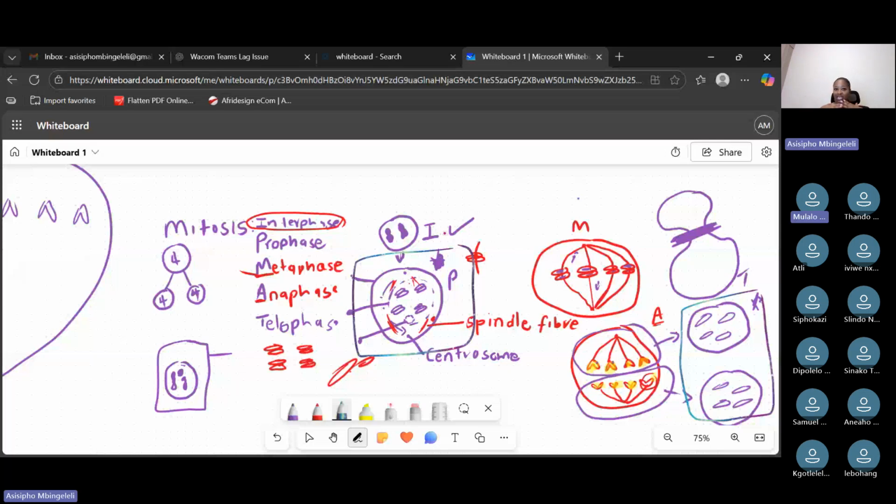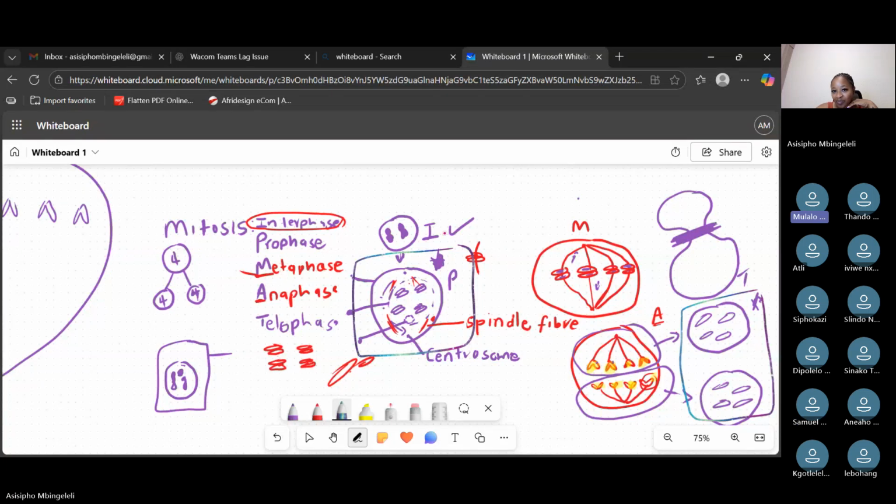Okay. As much as I'm saying it's correct, if I was marking you, I was going to penalize you. You are saying on telophase, it is replicated. What is replicated? DNA. We don't see DNA here. We are seeing chromosomes. Okay, so sorry. Chromosomes are replicated. In telophase. Yes. Or in prophase.